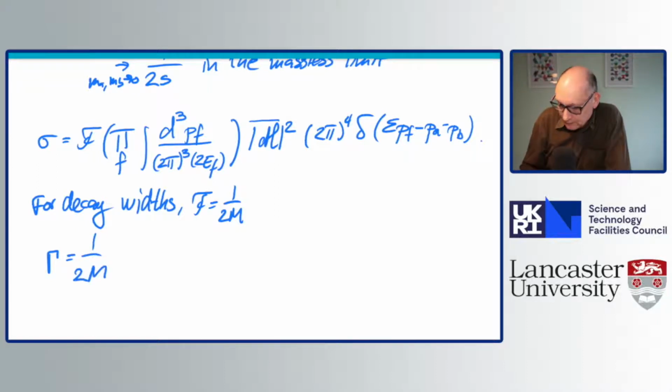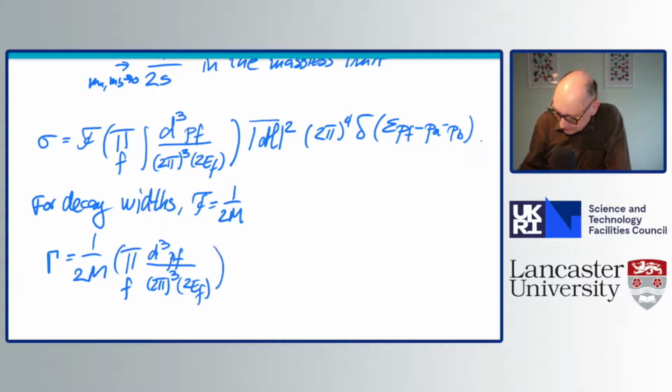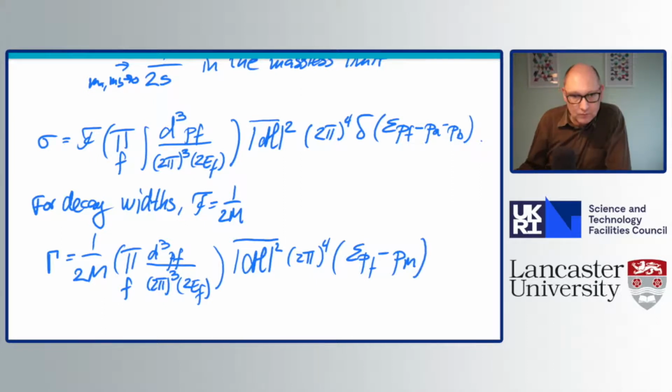That was the flux factor, and then the same product over final state particles, d^3p_f over (2π)^3 2E_f, our, let's say, spin summed averaged matrix element, and the condition that the sum over final state momenta is equal to the momentum of the decaying particle.